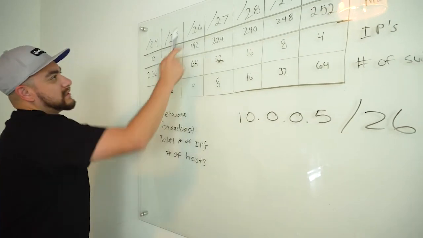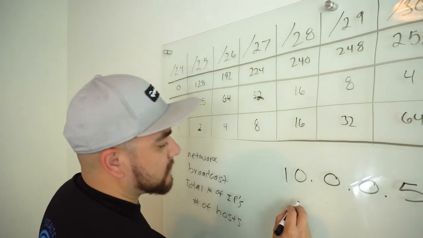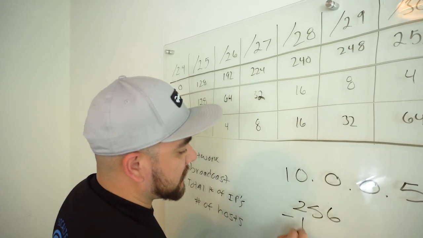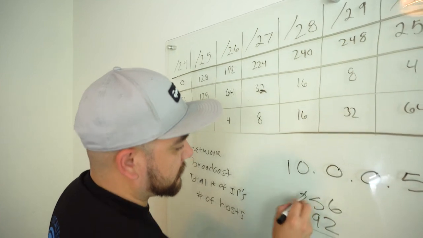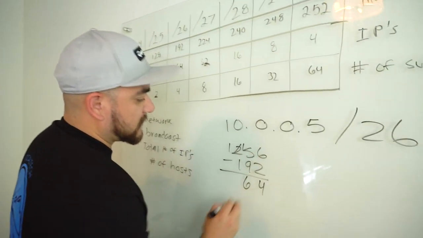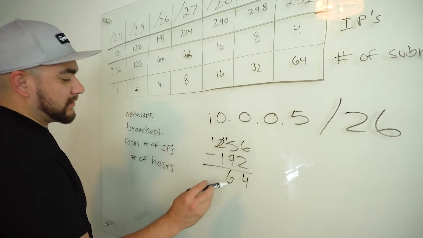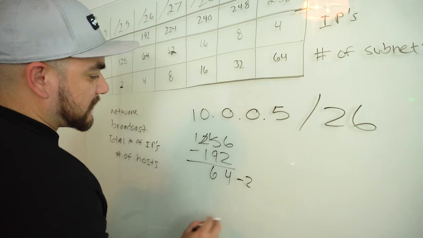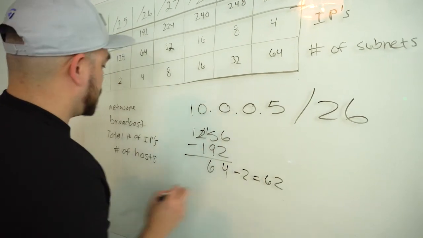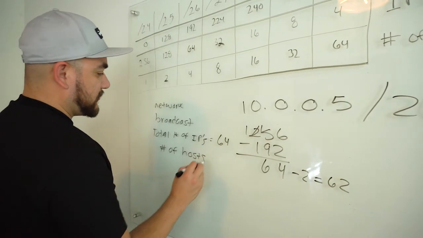Use the chart always. /26, 192. 256 minus 192. Okay. 64. Okay. Total number of IPs is 64. Subtract 2, 62. So we know the total number of IPs is 64.